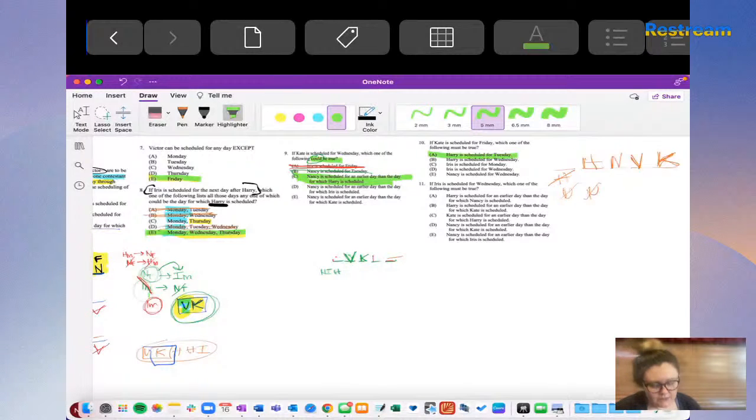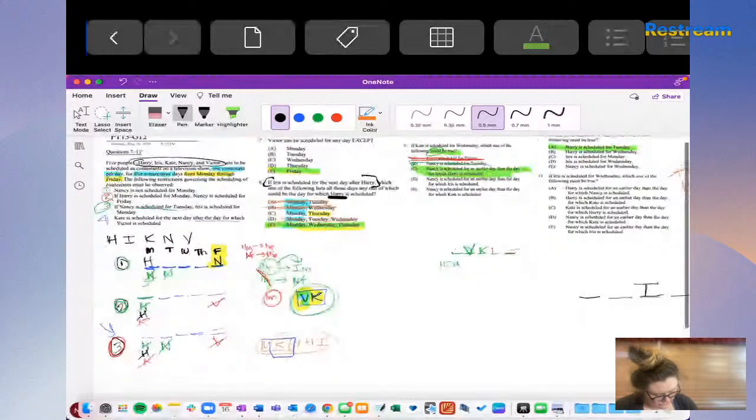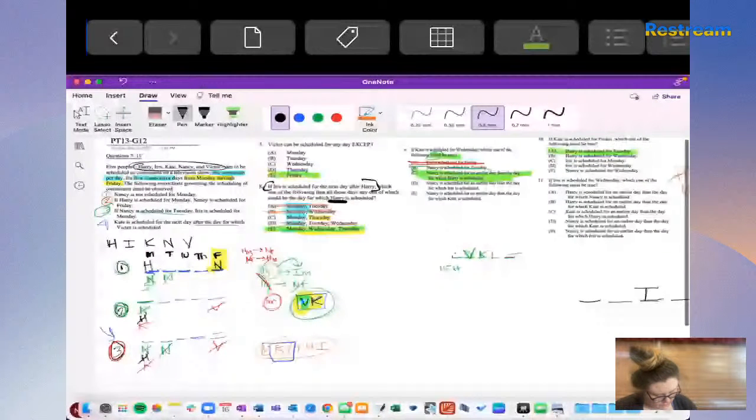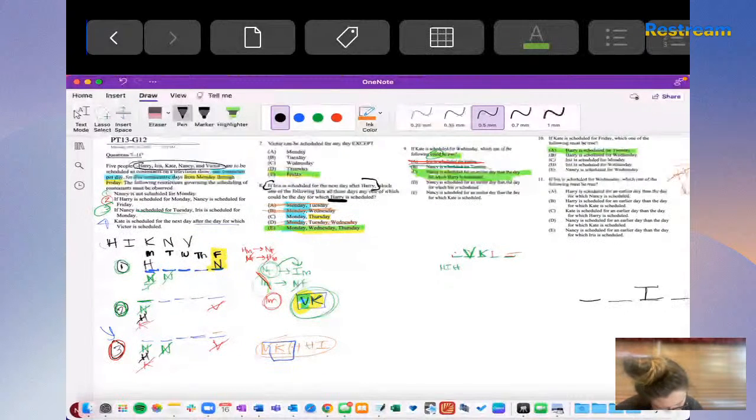And then when we go on to our last one, if Iris is scheduled for Wednesday, which of the following must be true? So once again, we have a must be true, where if this is I, and if I is not Monday, we know that N is not Tuesday, right?